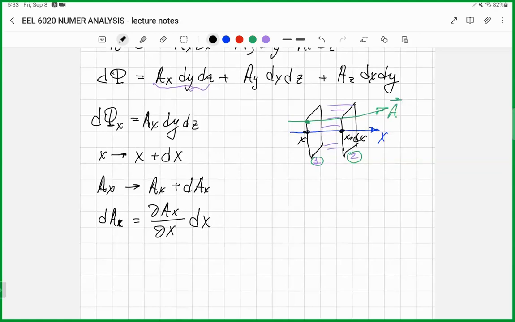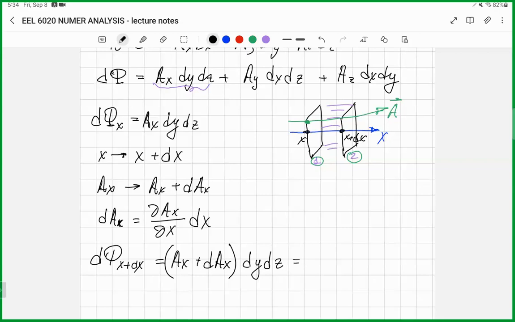Okay, so I conclude that the flux through the second wall, which is located at the coordinate x plus dx, is given by ax plus dax, and since the element of the surface is still orthogonal to axis x, it's multiplied by dy dz.